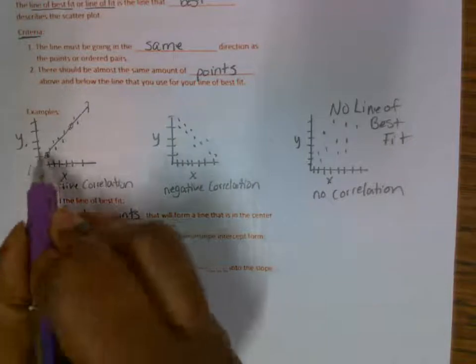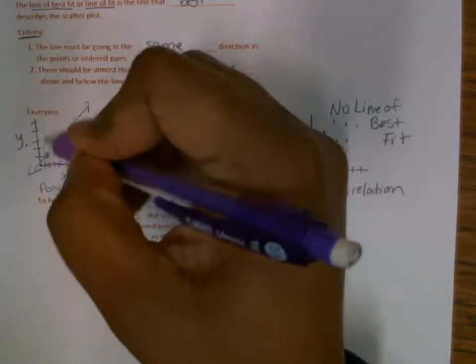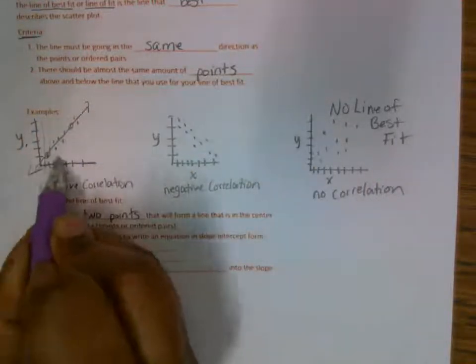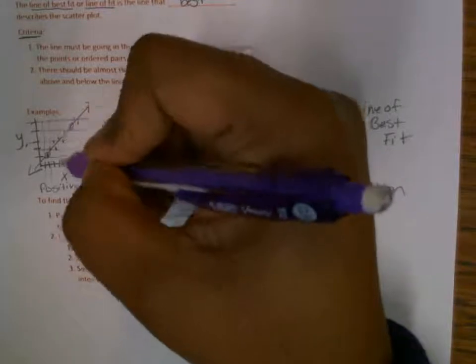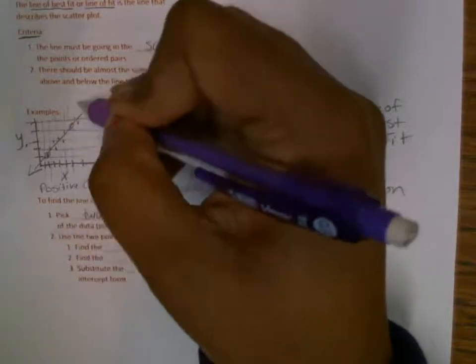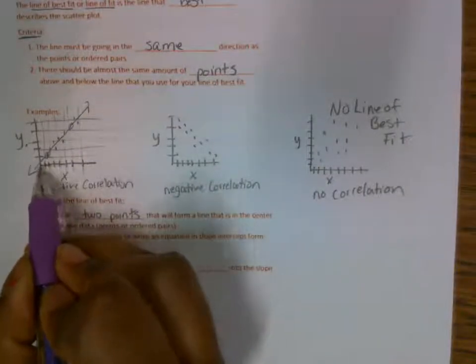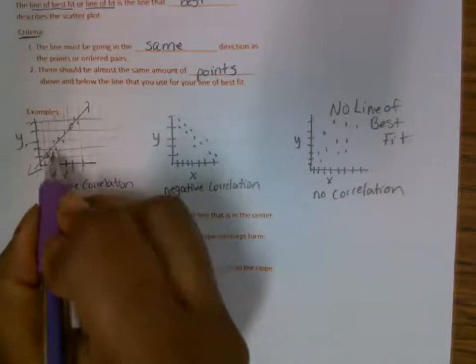Now, this ordered pair, if I'm using the imaginary grid lines here, is 2 and 1.